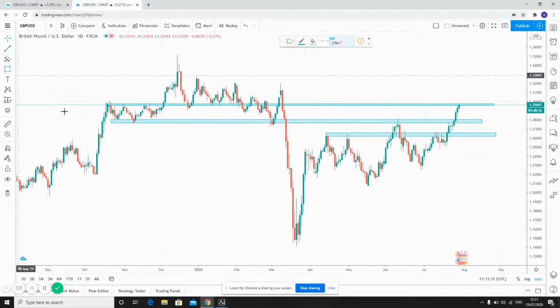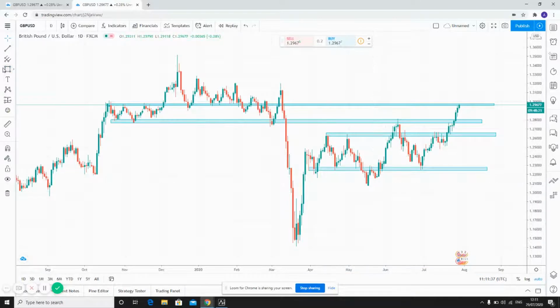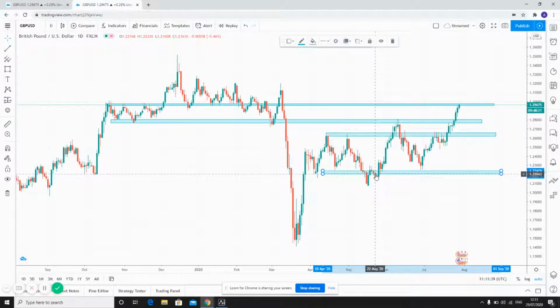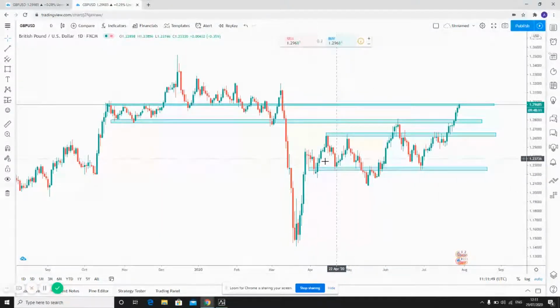Other key levels that I'd be looking to mark are obviously our lowest support levels down here. Again, this level here could signal a false breakout. Let me just move that back. This level here, just marking those candles, this could be what we call a false breakout, purely because we have broken down beneath this level.